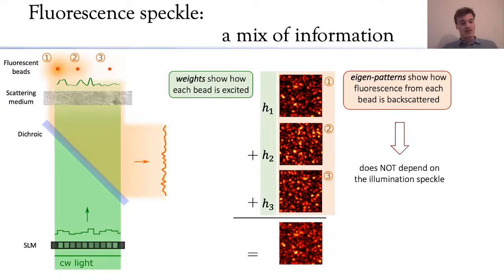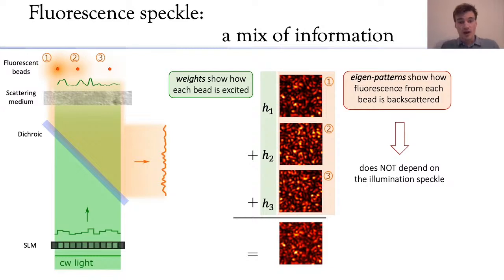The nice thing is that if we are able to shape the incident light, for instance using a spatial light modulator, so we change the wavefront of our light and then we change again the speckle pattern we have in the plane of the beads, we are able to change H1, H2, and H3, which are the weights, the way we excite the beads. But the nice thing is that all the speckle patterns here, all the signatures from all the beads, remain the same if the beads are at the same position and if the scattering medium is static.